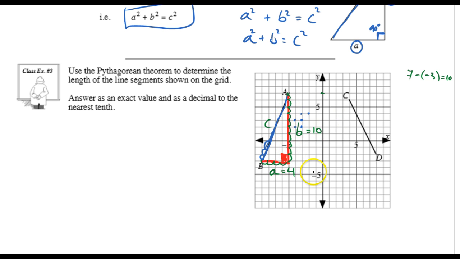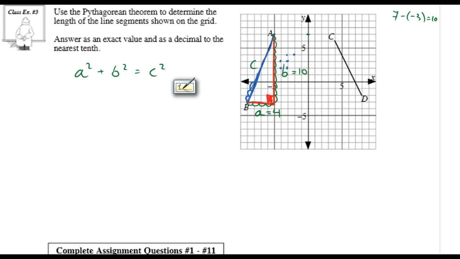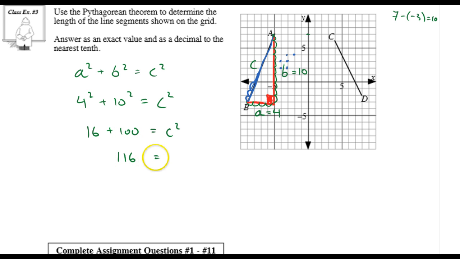Now I've got my two short sides, so I'm going to write out my formula. A squared plus B squared equals C squared. And all you do now is substitute the numbers in. So if A is 4, it's 4 squared plus 10 squared, because B is 10, equals C squared. That's 16 plus 100 equals C squared. 116 equals C squared.